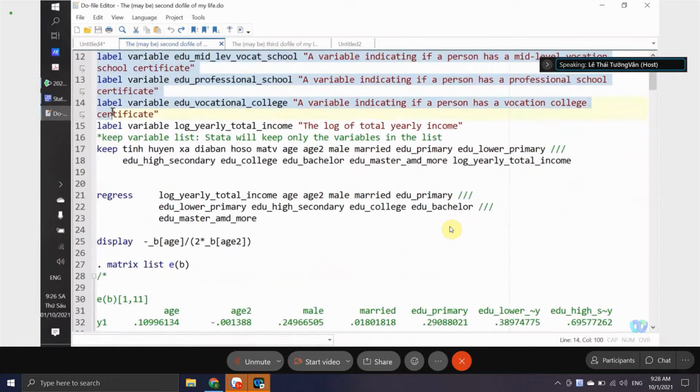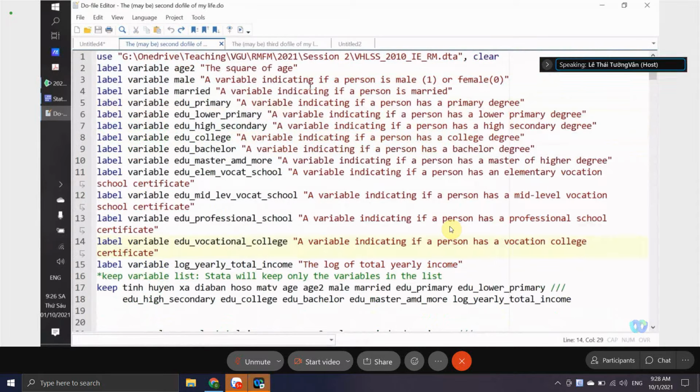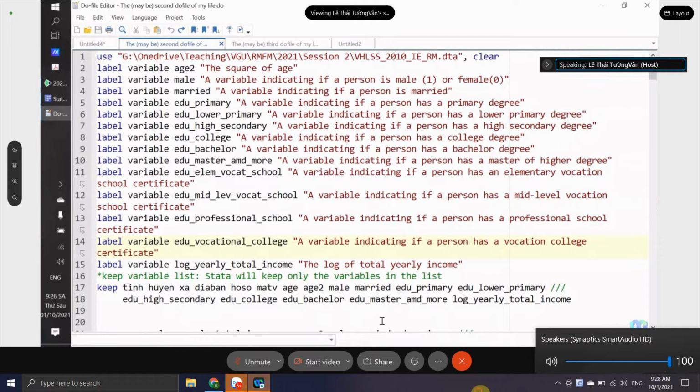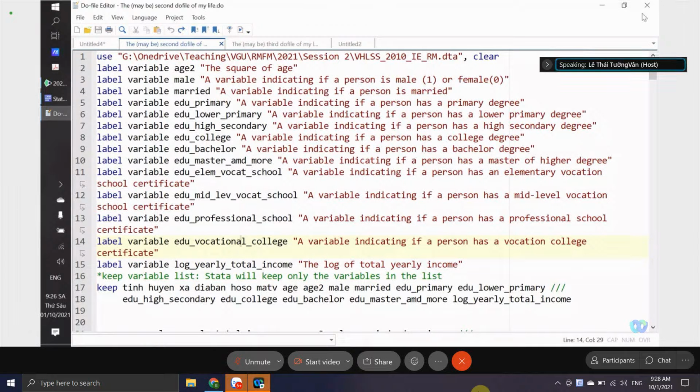Now, I want to load the data into memory. This is typically the data about the Vietnamese Living Standard Measurement Survey. I will ask you to do the empirical work also, not to use any do file that I have written for you.